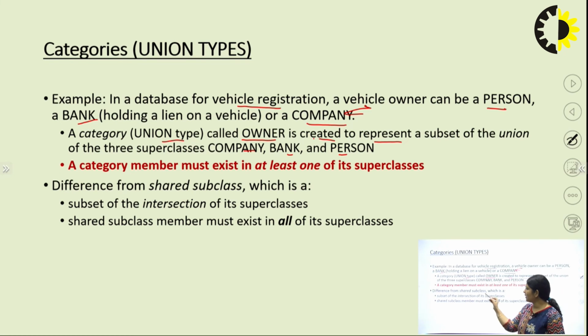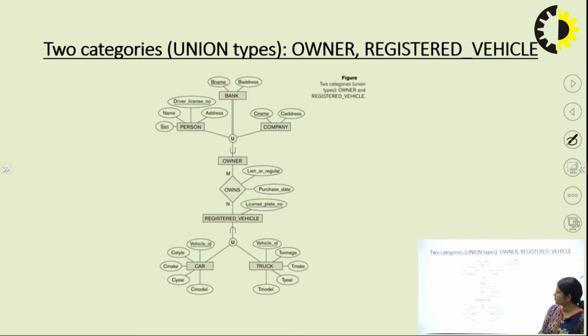So a category member must exist in at least one of its superclasses. It is different from the shared subclass, which is a subset of the intersection of its superclasses. Shared subclass members must exist in all of its superclasses. Let's show you through the diagram. Here owner is a subclass.